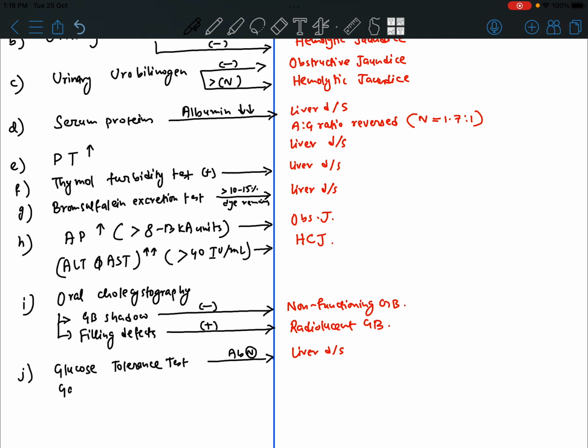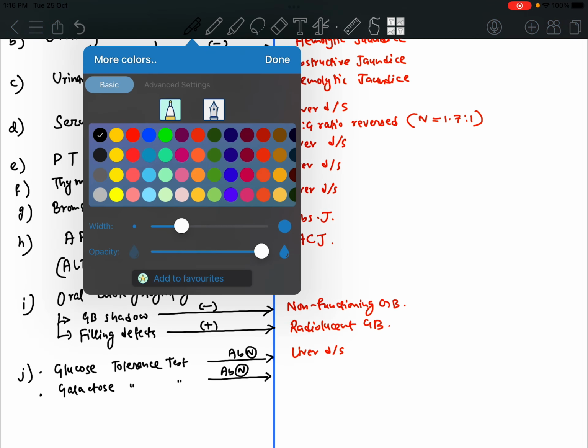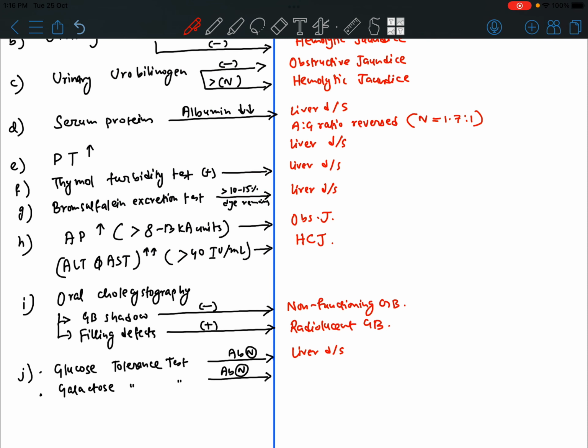So you can say galactose tolerance test, if it's abnormal, again that means its level rises in the blood, it's indicative of a liver disease, right?